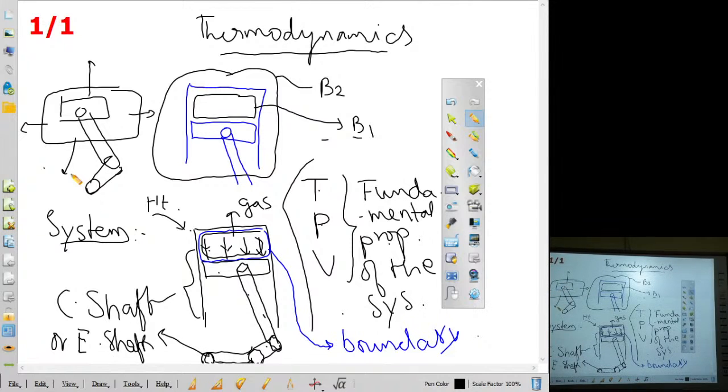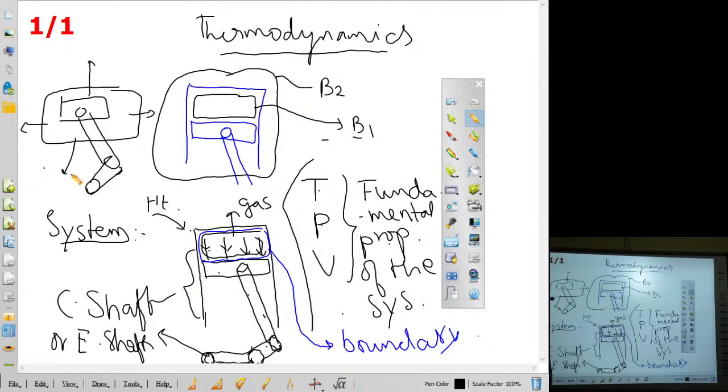Cylinder is removed. So cylinder is restricting the movement of the gas. So cylinder is affecting the behavior of the gas. So the cylinder is outside this boundary. It is also changing the characteristic of the gas inside, 2 points.